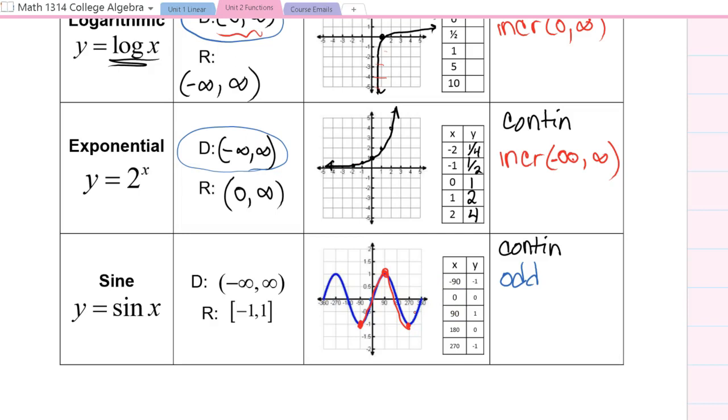But for right now, let's just take into consideration this part of our graph. So we say that it is increasing from negative 90 degrees until positive 90 degrees, and then it was decreasing from 90 to 270. So we'll write decreasing from 90 to 270.